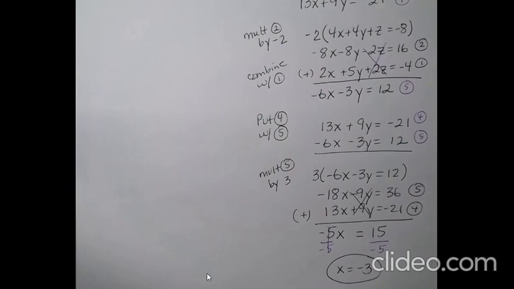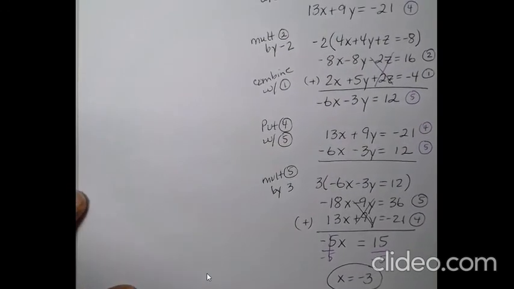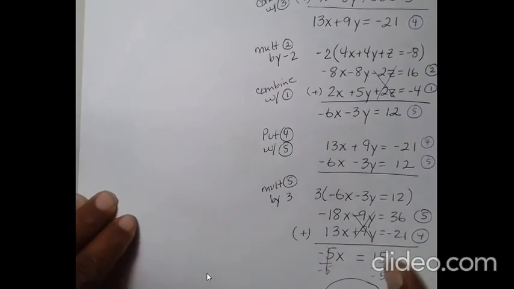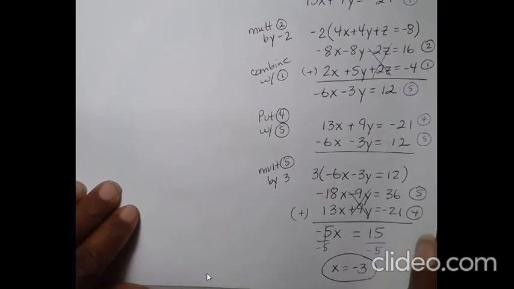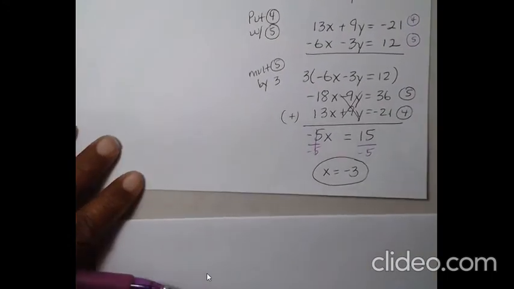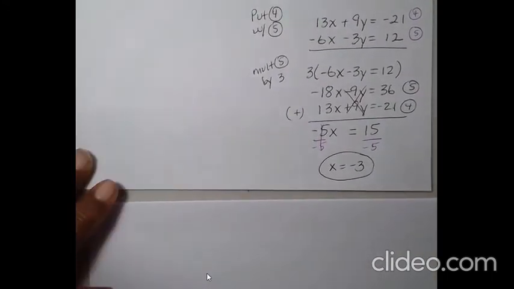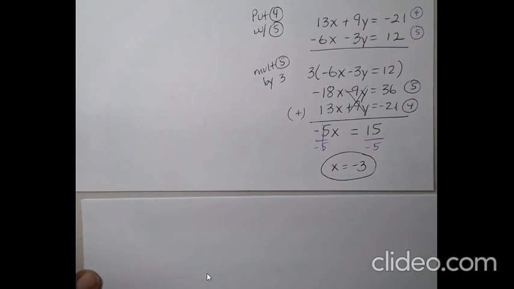Let's substitute this x equals negative 3 back into equation 4 or 5. I think we can do this. Equation 4 is, we're putting in an x. That works for me.